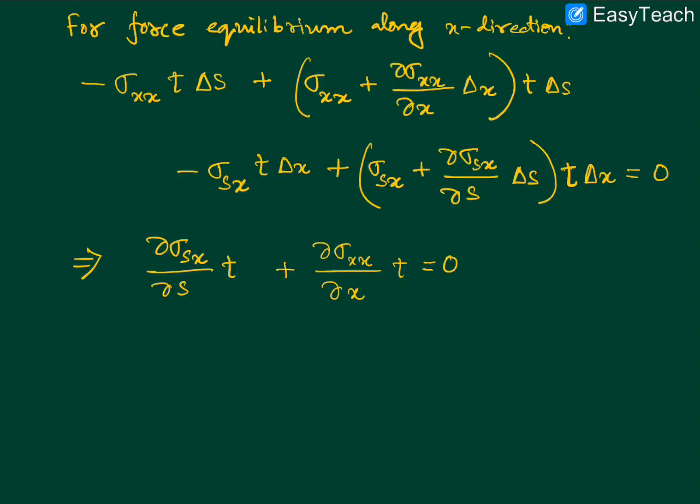Now see, as far as our goal of expressing the sigma sx in terms of the sigma xx is concerned, which we understand to be something that we know, we are almost done. So how can you actually find it out?